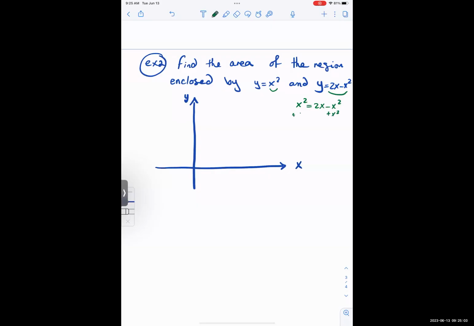So I'm going to add x squared, and subtract 2x. So that's 2x squared minus 2x equal to 0. Now tell me, how do I solve here?